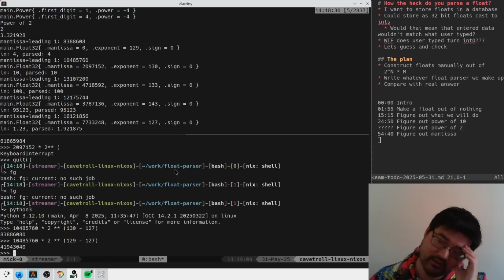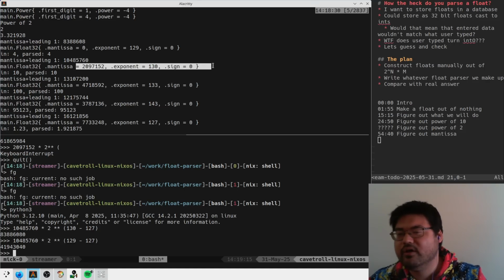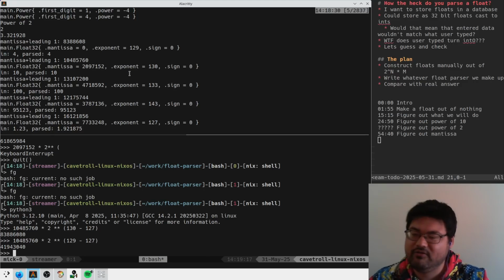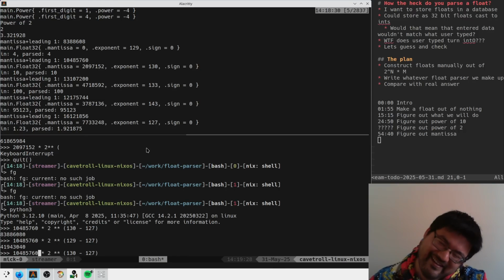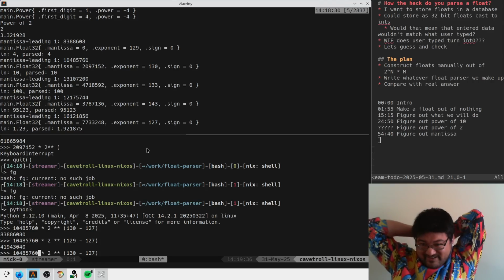I just don't know what it is. I don't understand how this value is right, but we can't figure out what math it's doing.